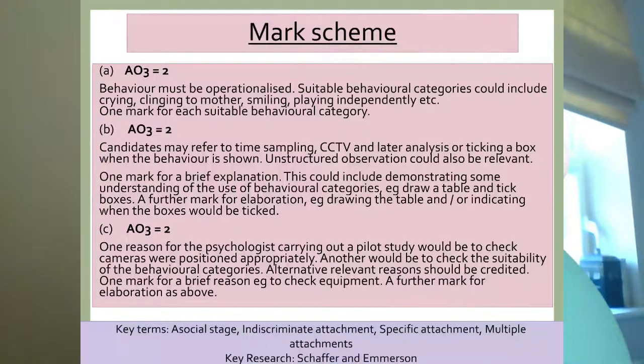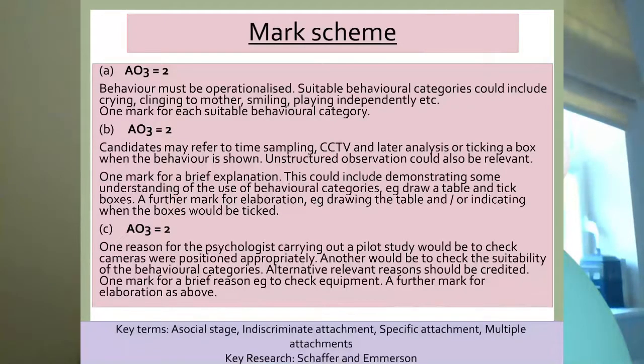You have to specifically say a behavioural category. This question might have been easier later on when we look at Ainsworth and the strange situation, but you might have an idea already, so you might have put like crying or smiling.